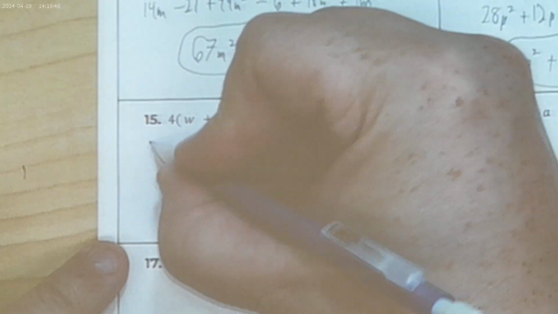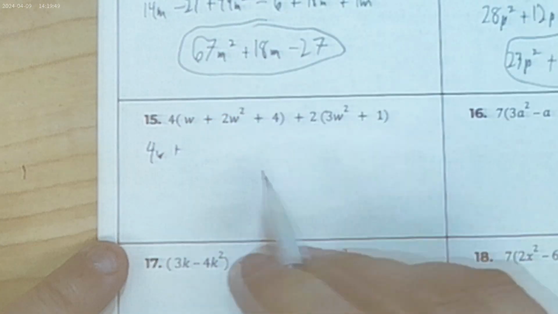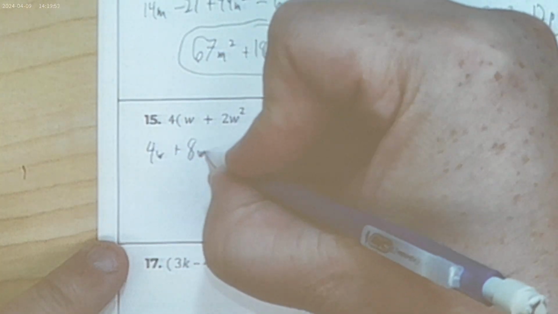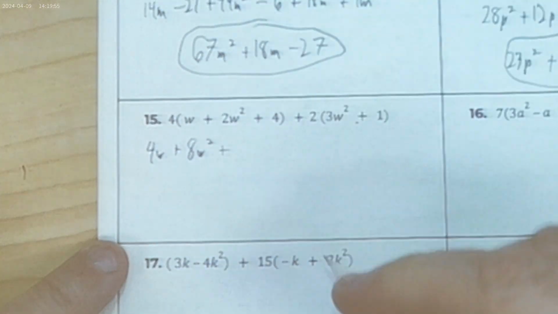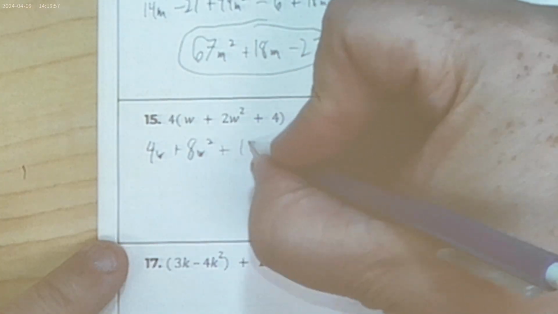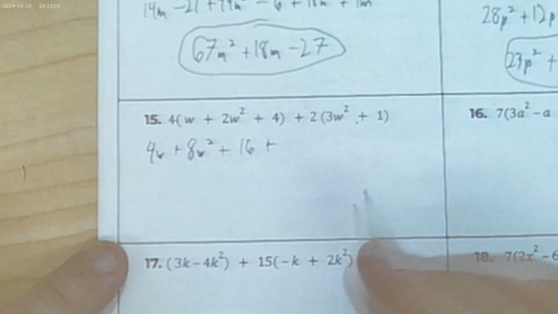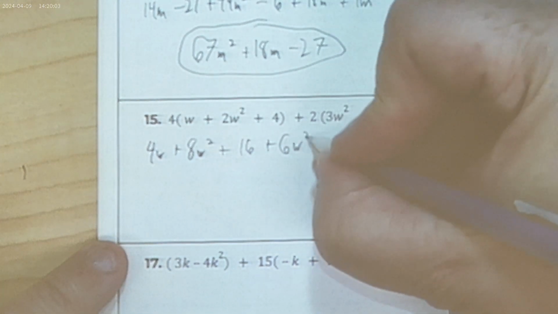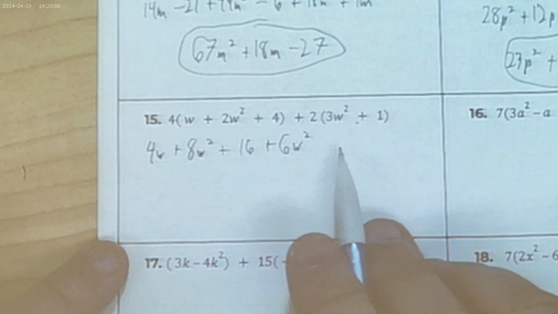So I've got 4 times w plus 4 times 2w squared, which is 8w squared, plus 4 times 4, which is 16, plus 2 times 3w squared, which is 6w squared, plus 2 times 1, which is 2.